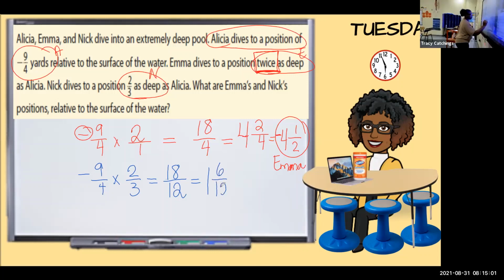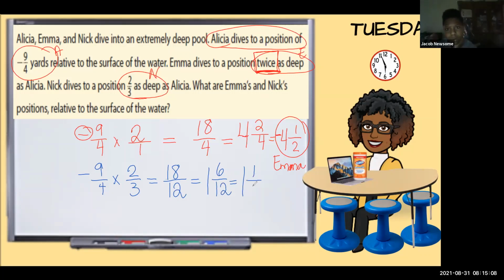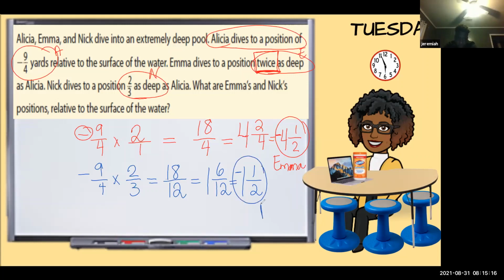So 6/12, and 6/12 can be simplified to what? 1/2. Will that be positive? Will it be negative? It's negative. That is negative. So we got Emma will be -4 1/2 yards, and then Nick will be -1 1/2 yards.